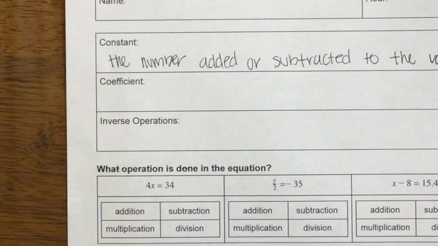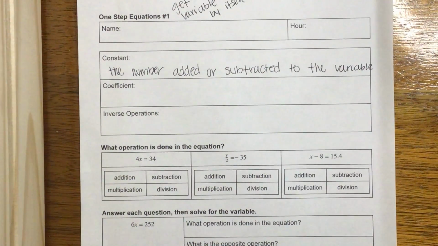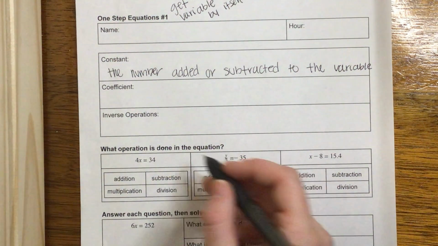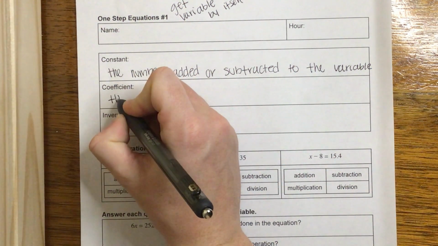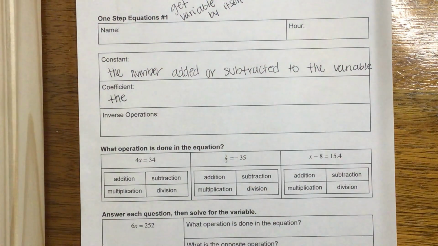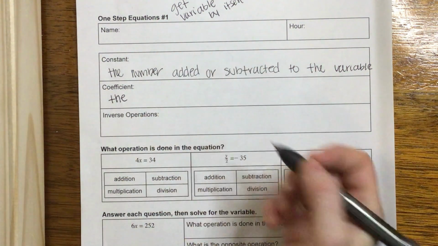Remember that I can't see that, haha. The variable is the letter that stands for the number we don't know. And by solving, we can figure out what that number is. Okay. The coefficient is the number that is multiplying the variable.